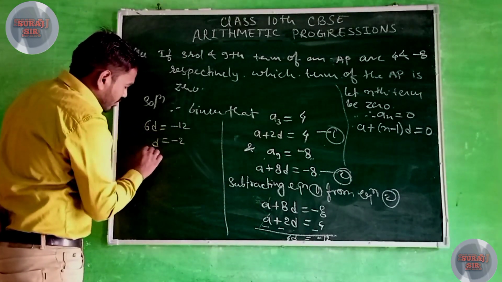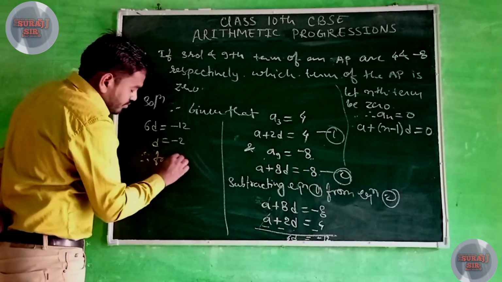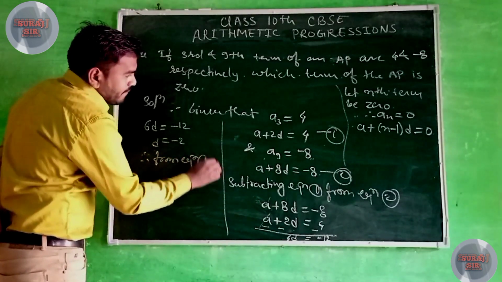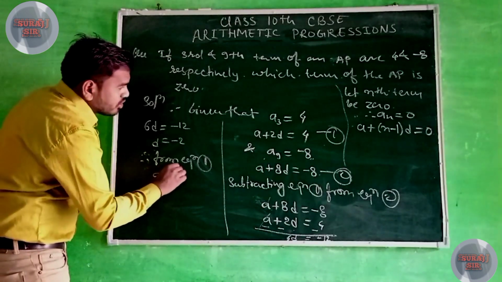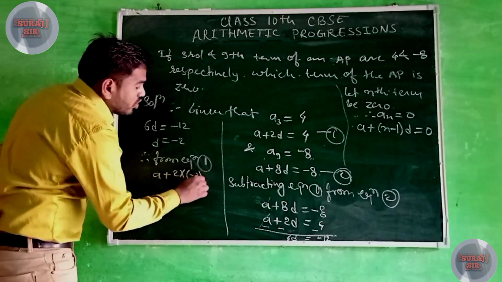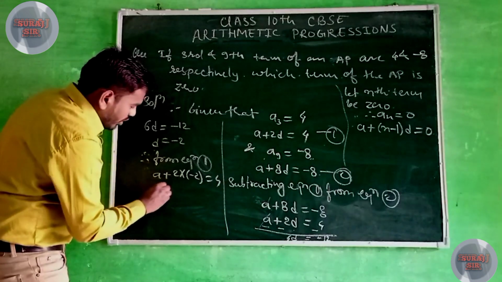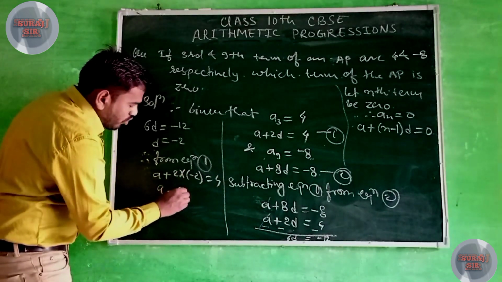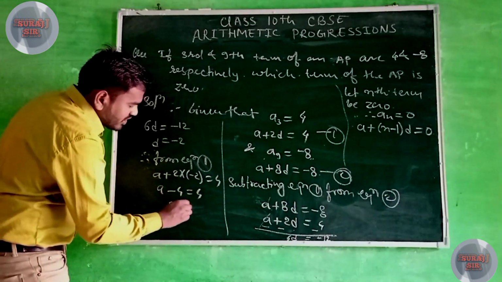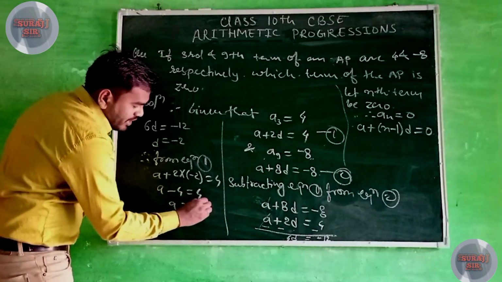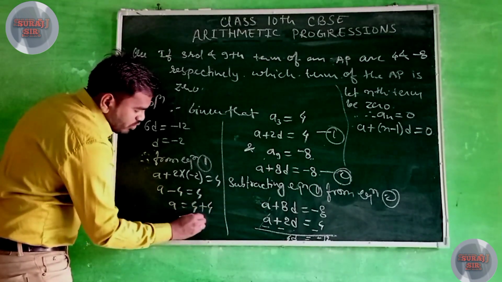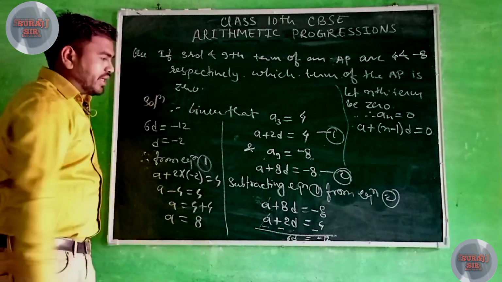From equation first, A plus 2 into minus 2 is equal to 4. So A minus 4 is equal to 4. So A is equal to 4 plus 4, as minus 4 transposes to the right hand side and becomes plus 4, is equal to 8. A is equal to 8.